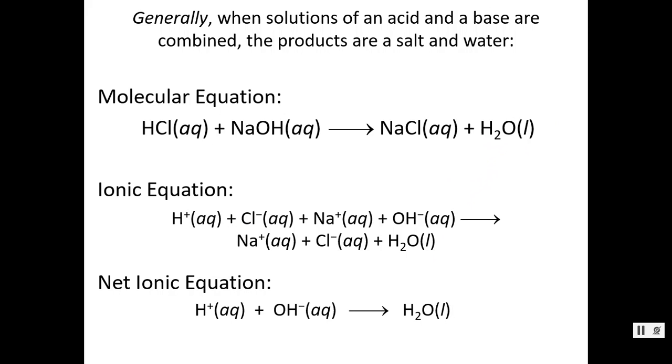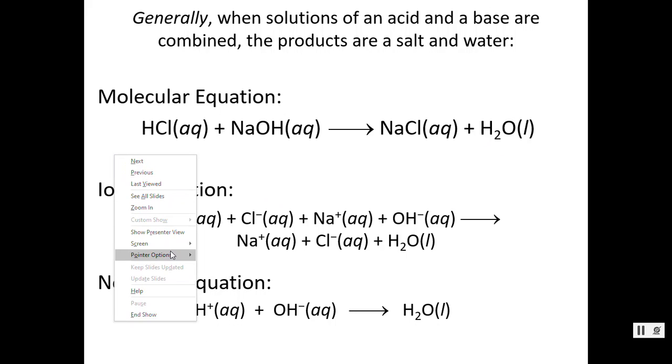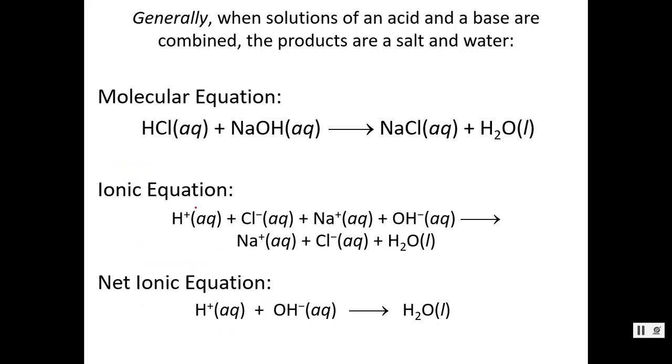So that net ionic equation, after we cancel out the spectator ions, essentially leaves us with hydrogen ion reacting with hydroxide ion to get you liquid water. So you should feel comfortable, given a molecular equation that's an acid-base reaction, predicting the total ionic and the net ionic equation.